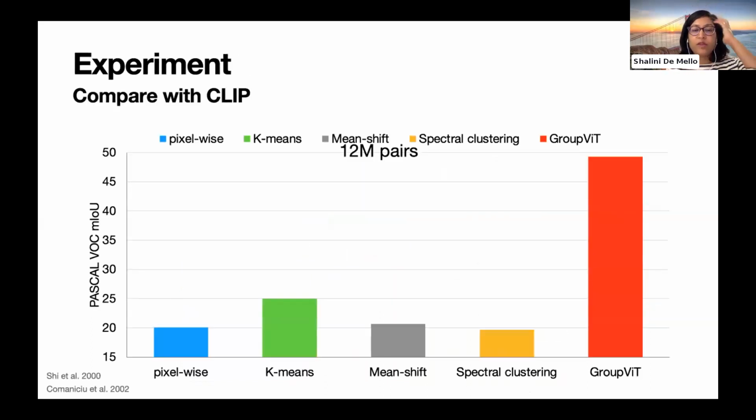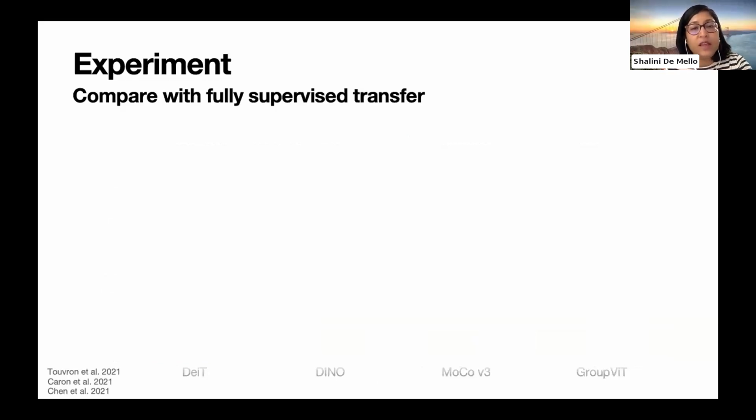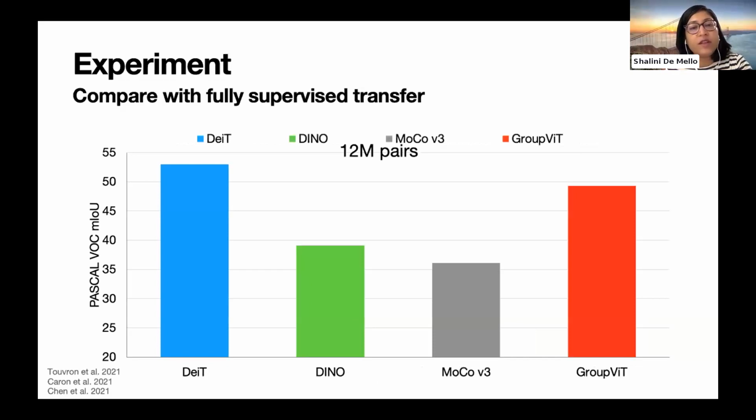What we found was that GroupViT using text supervision performed significantly better than various other representations, for example k-means clustering of the ViT features. The groups that emerged were significantly better with GroupViT versus other forms of grouping. Also, GroupViT was competitive with a DeiT model trained with full supervision using ImageNet when transferred to the semantic segmentation task.